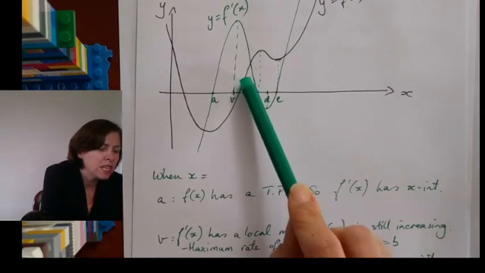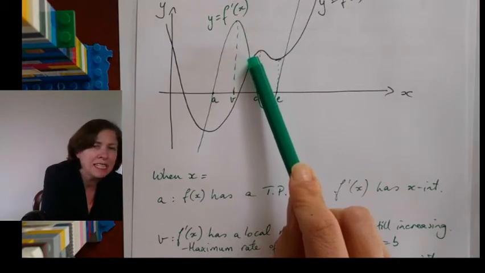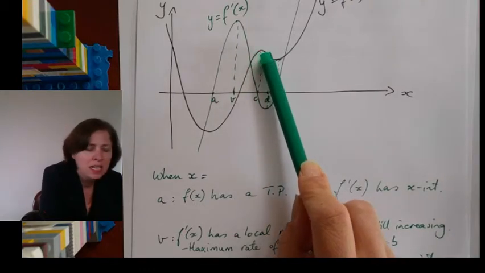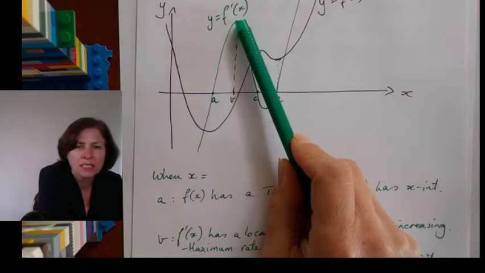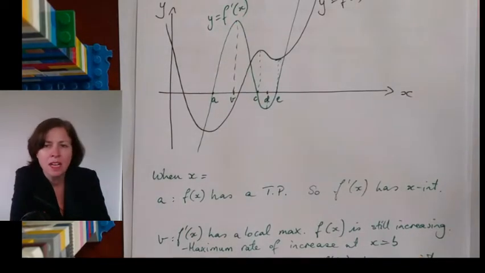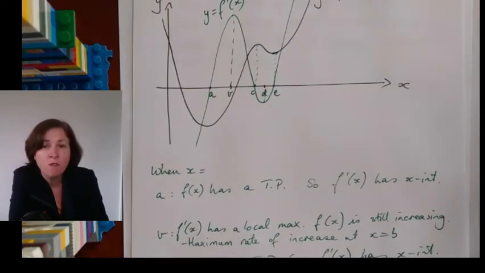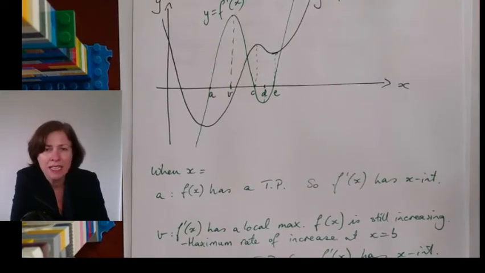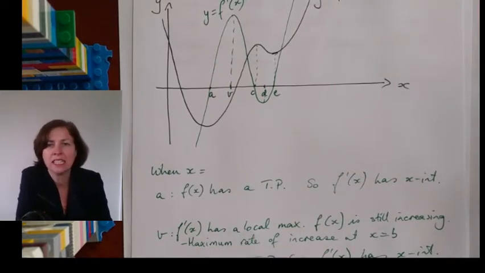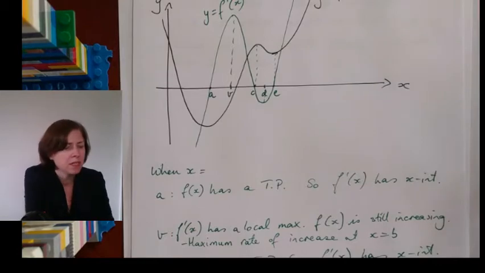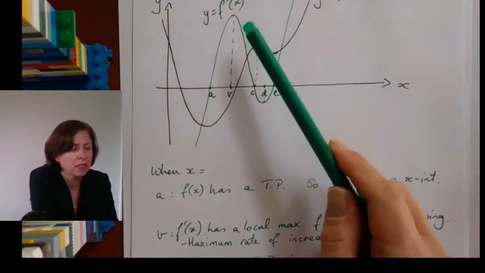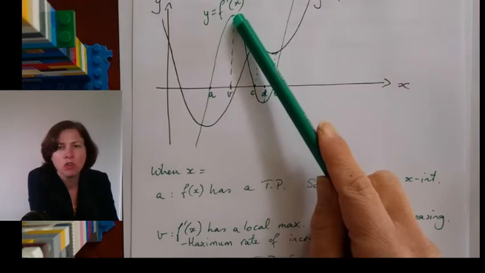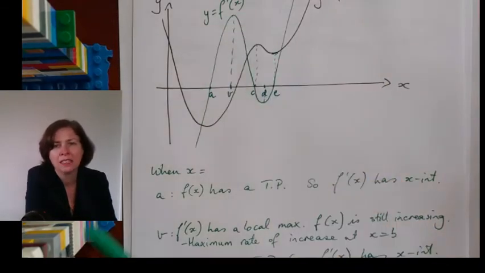It reaches its steepest point and then it starts getting less steep, less steep, less steep. So what a turning point on the derivative graph represents is a maximum rate of increase, the maximum gradient in between A and C. Not the total maximum, it's a local maximum. Clearly my gradient gets even steeper up here, but this is a local maximum for between A and C.